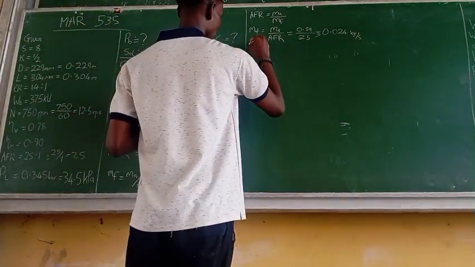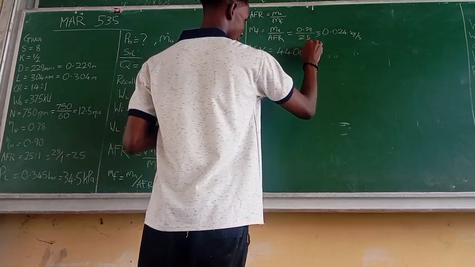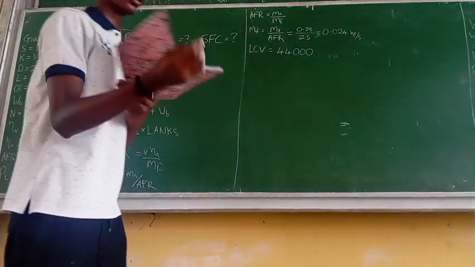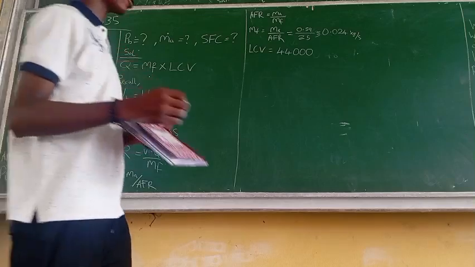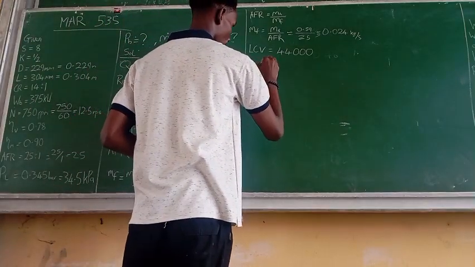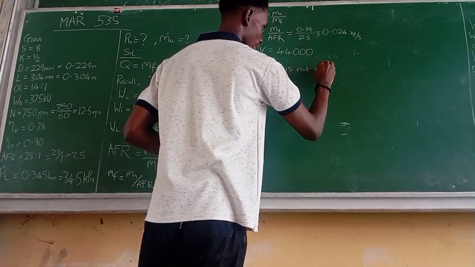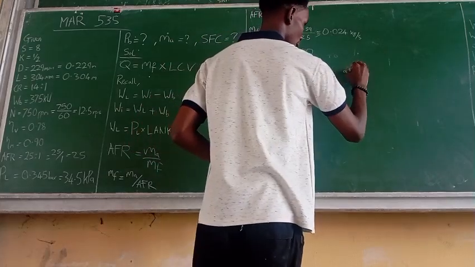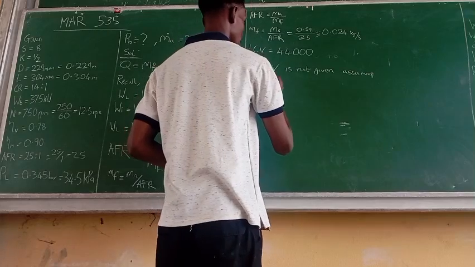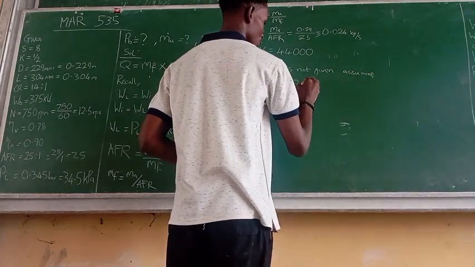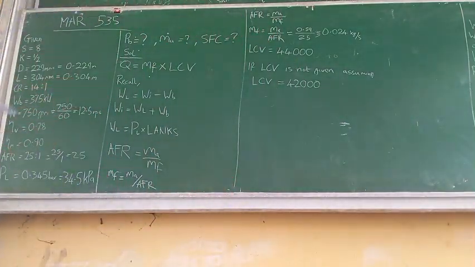Now, from the question, we're given that LCV is equal to 44,000. In a question, if LCV is not given, assume your LCV to be 42,000.